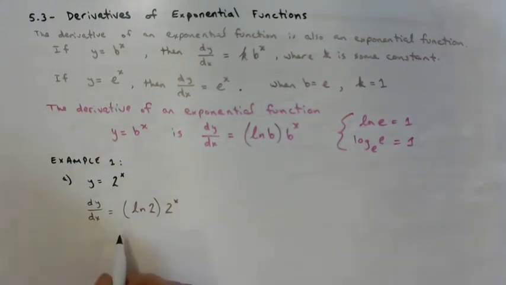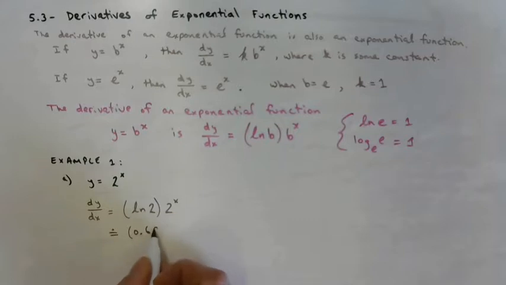And then this is as an exact value. If you needed an approximate value, you would take the natural log of 2, which is 0.693, times 2 to the power of x.